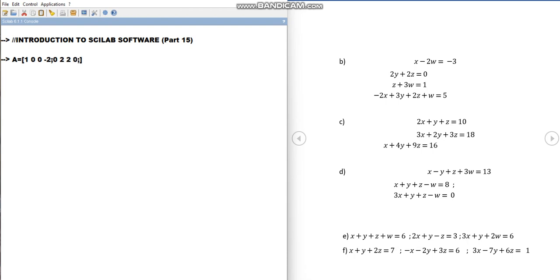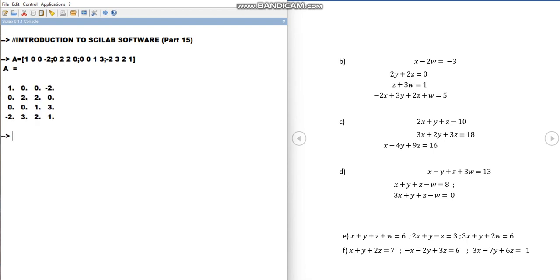In the third one, x is 0, y is 0, z is 1 and 3 is the coefficient of w. Now the last one: -2, then 3, then 2, then 1. So this way we have declared our coefficient matrix of order 4 by 4.